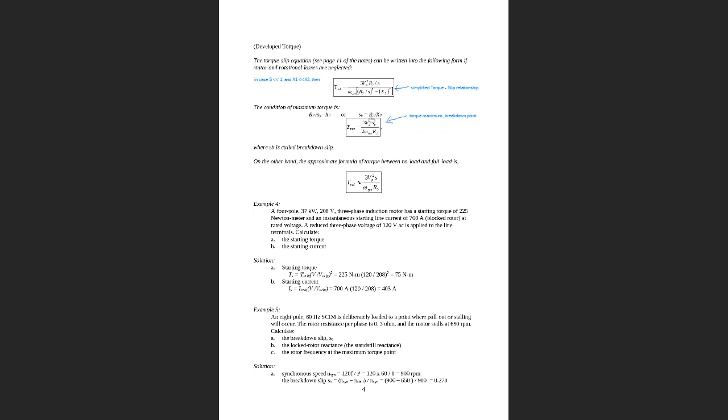Both R2 and X2 just represent physical constants of the motor, not exactly the rotor resistance or motor speed. Anyway, for a given motor, R2 and X2 are two constants.